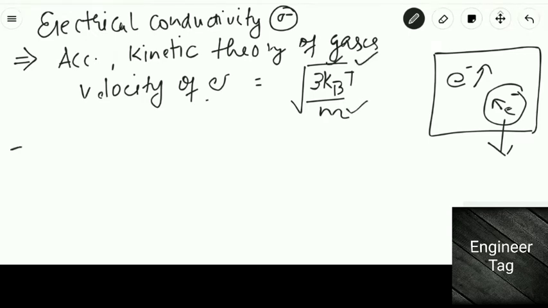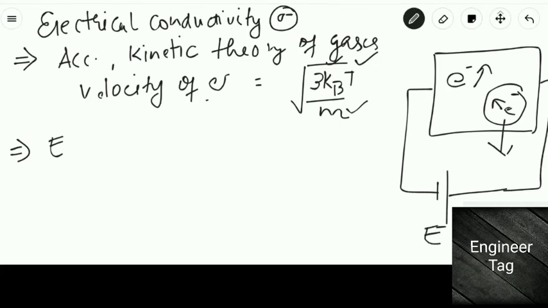When we apply an electric field, that is E, these electrons will drift towards the positive terminal of the battery.